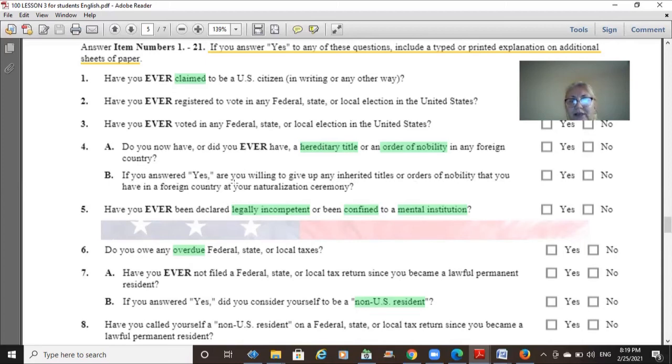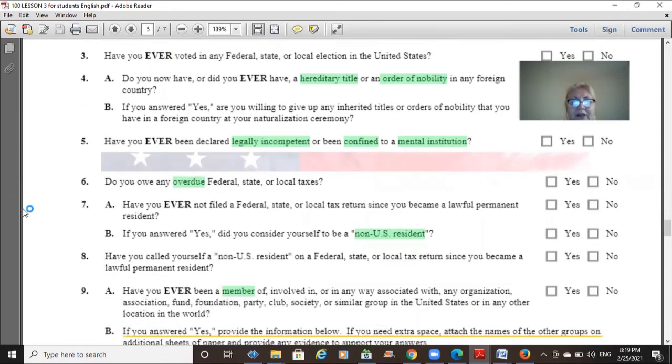So whichever title you had in a different country, whichever order of nobility you had, you will have to give up or stop when you become a U.S. citizen. So the answer to B, for those who have those titles or orders of nobility, should be yes for number 4B.